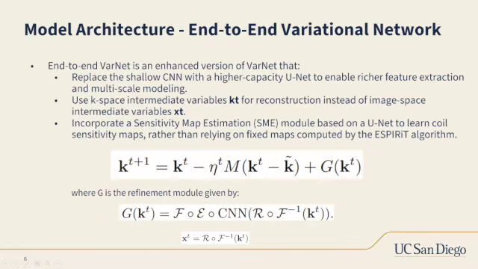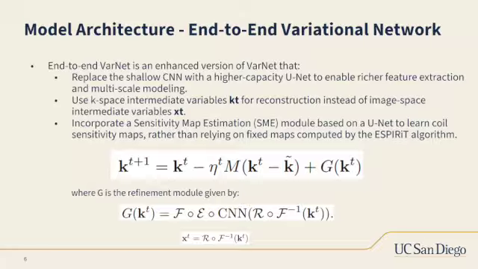The end-to-end variational network is an enhanced version of VarNet, as shown by the equations at the bottom. It replaces the shallow CNN with a higher capacity UNet to enable richer feature extraction and multi-scale modeling. It uses k-space intermediate variables for the reconstruction update instead of image space intermediate variables.